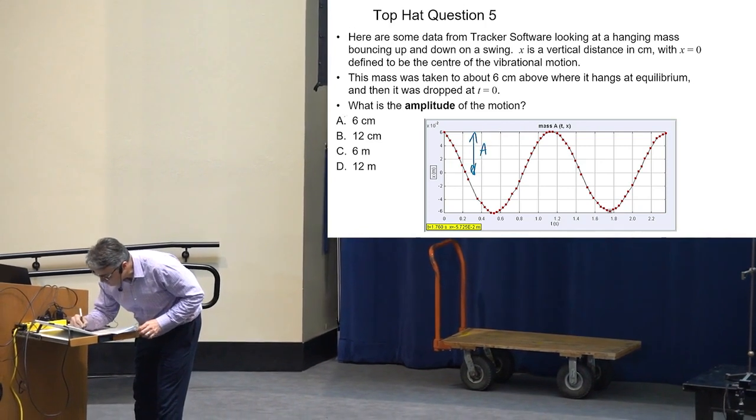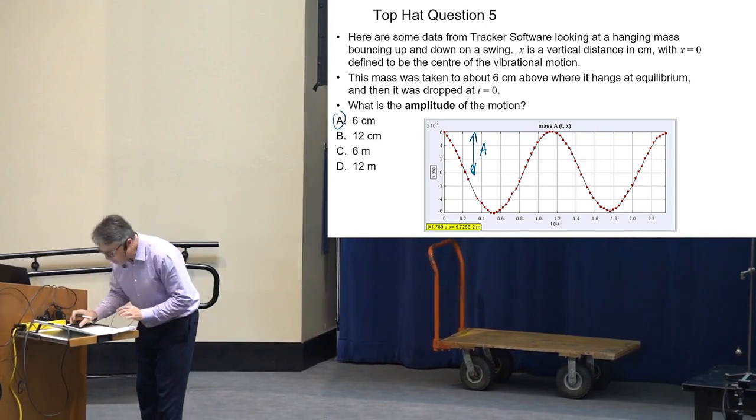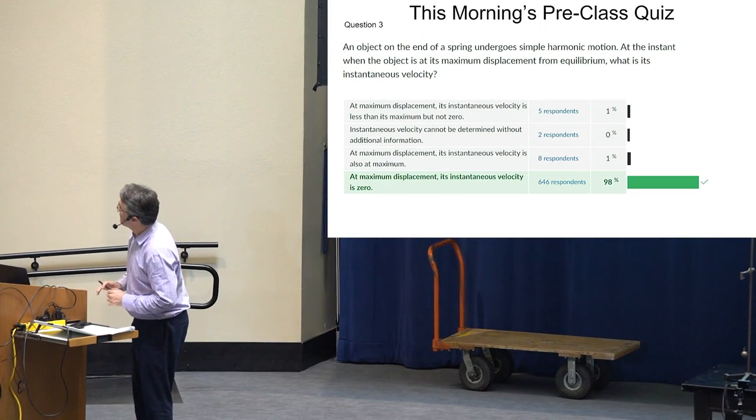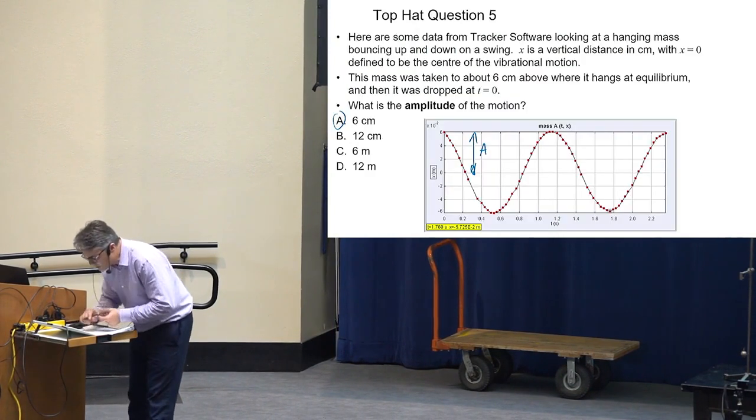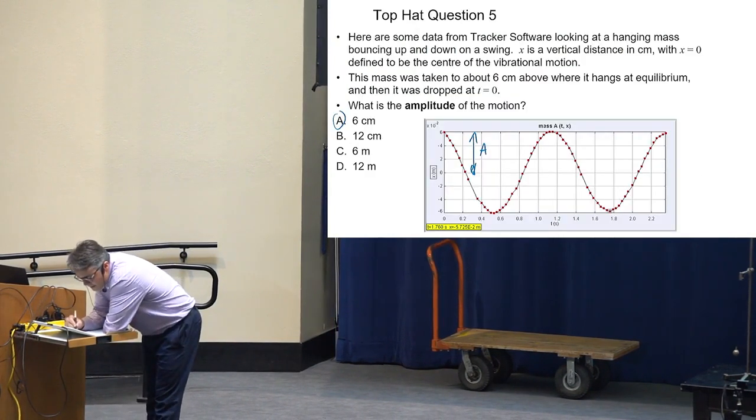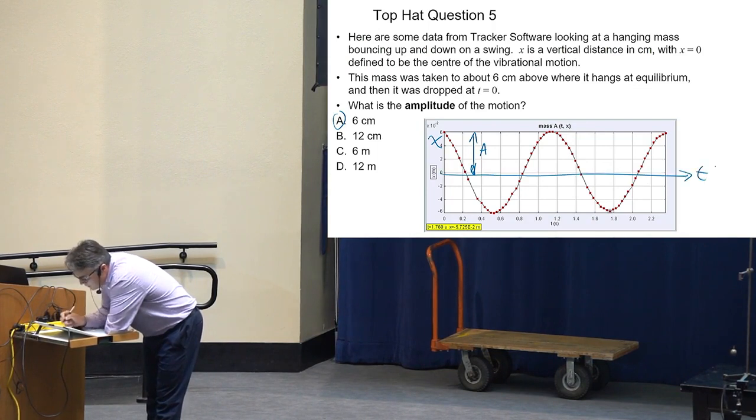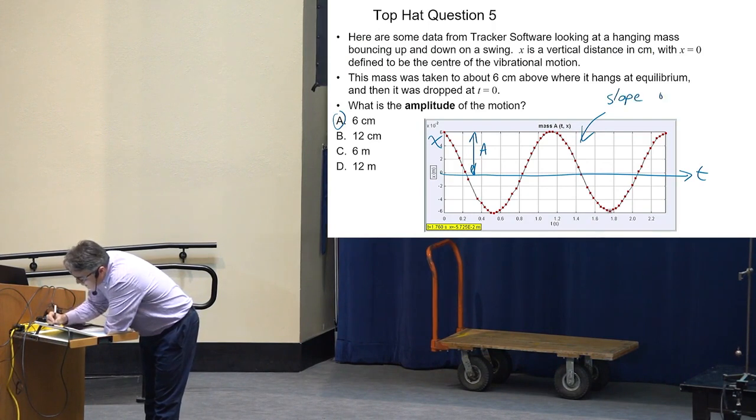Call that A. This morning's pre-class quiz was asking about the instantaneous velocity. So if you think about this, this is x versus time, right? Here's time. So the slope of a tangent is the instantaneous velocity.